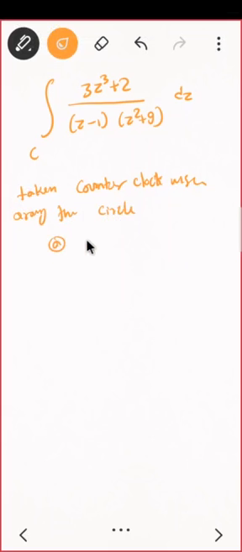C is this: mod of z minus 2 equal to 2, and the second case is mod of z equal to 4. So how will you solve this?